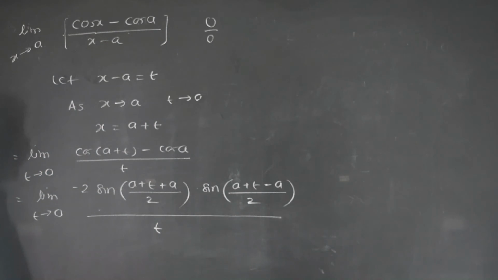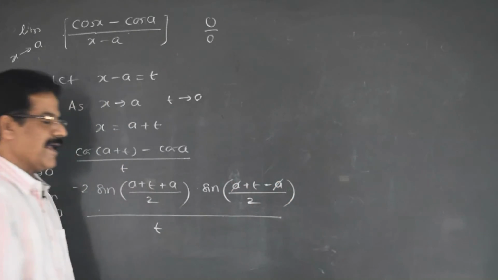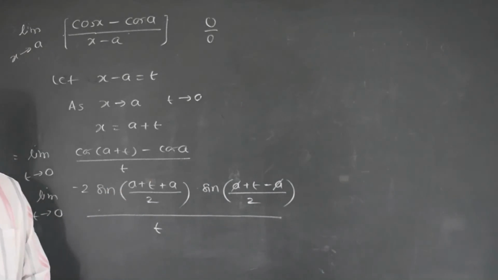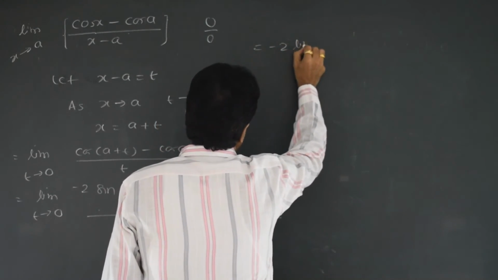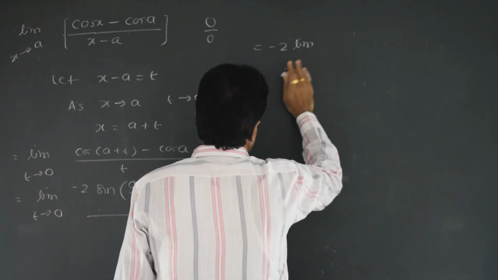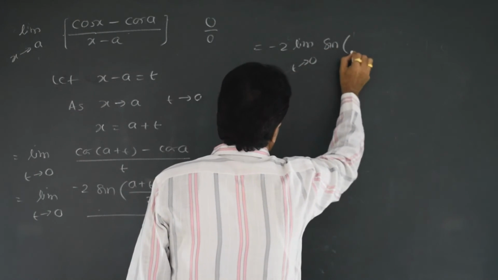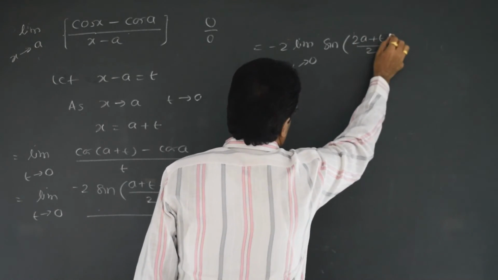And now we are going to simplify it further. We can observe that this a and a get cancelled, and therefore we are going to split this expression into two parts using the concept of algebra of limits, and that is equal to minus 2, a constant term, kept outside, limit as t tends to 0, sin of (2a plus t) upon 2.